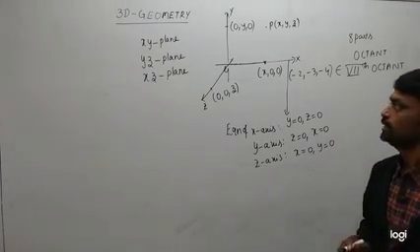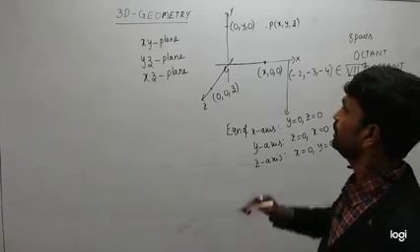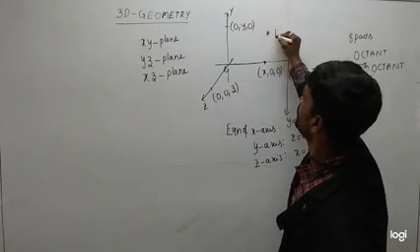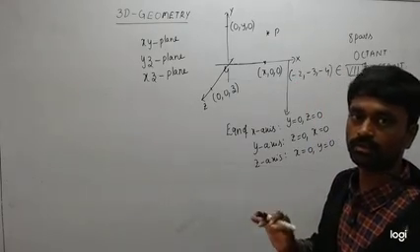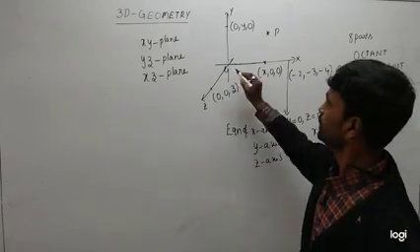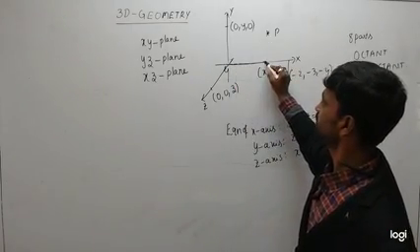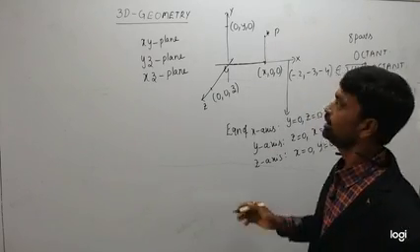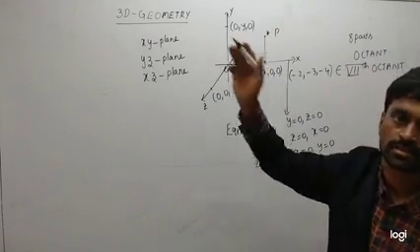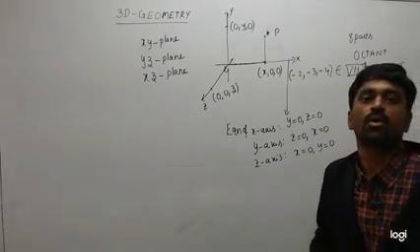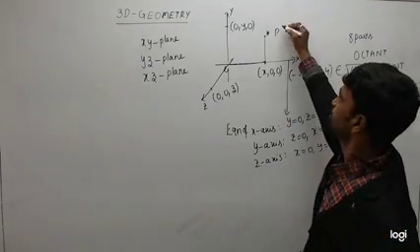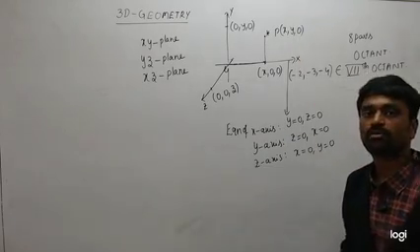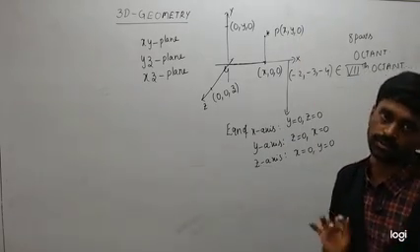Okay. Next, if you take a point on the xy plane, that means I'm taking a point on the board. Then I have to move x units along the x-axis direction, y units along the y-axis direction, but I'm not moving in the z-axis direction. That means the z coordinate becomes what? 0. So any point on the xy plane is in the form (x, y, 0).